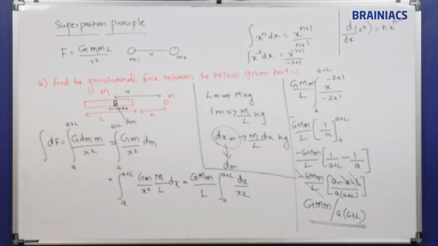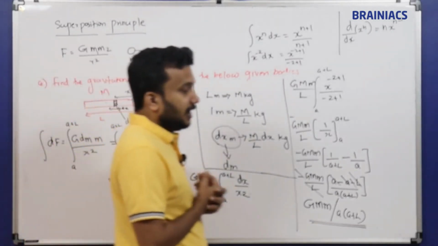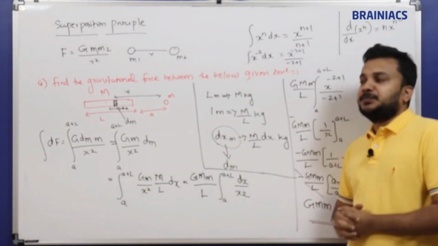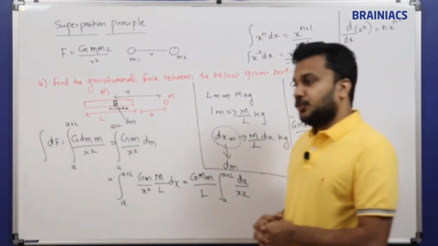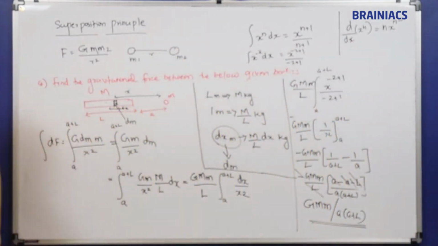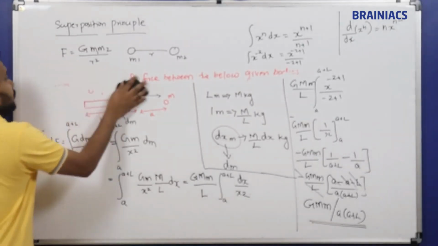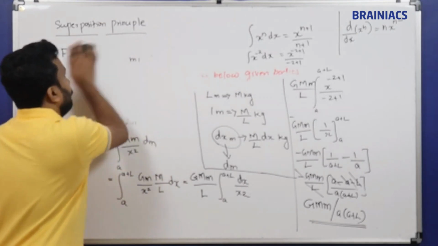Okay, so this is all about Newton's law of gravitation topic, and we are entering the second topic from gravitational law, that is something called field strength or acceleration due to gravity. So let's go ahead.